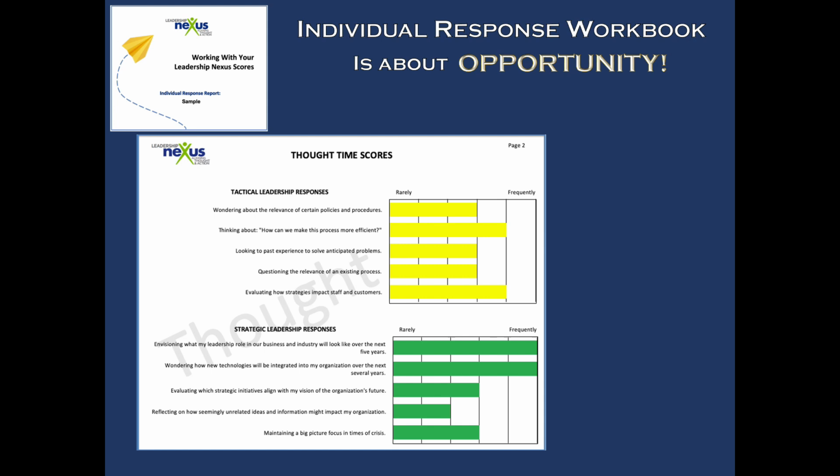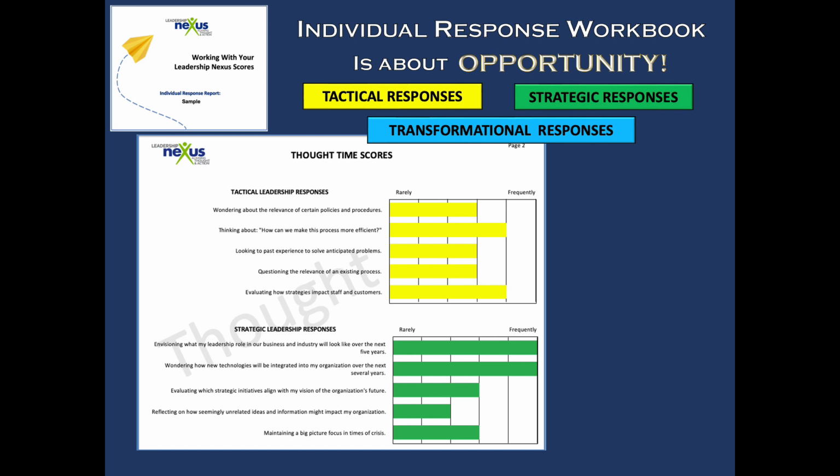When we look at the thought time responses for the tactical, strategic, and transformational levels, we see that the client has a variety of opportunities to shift their focus onto other areas.